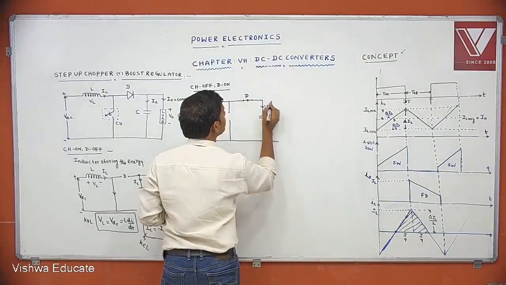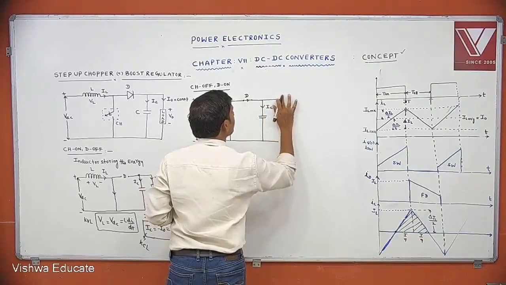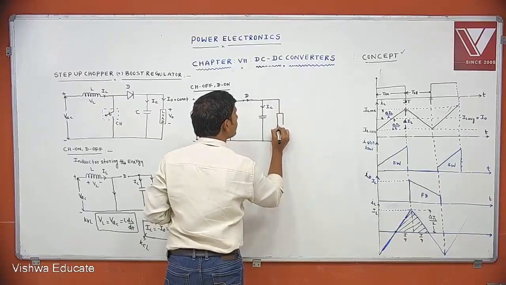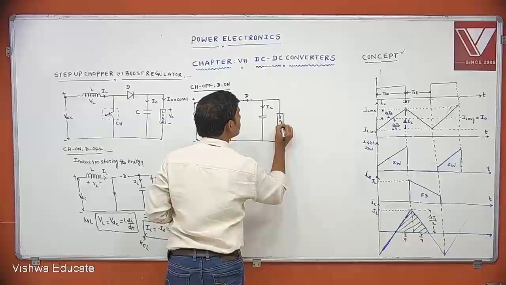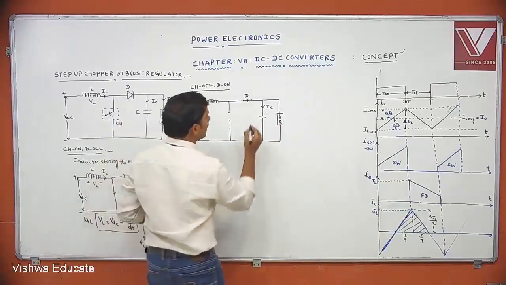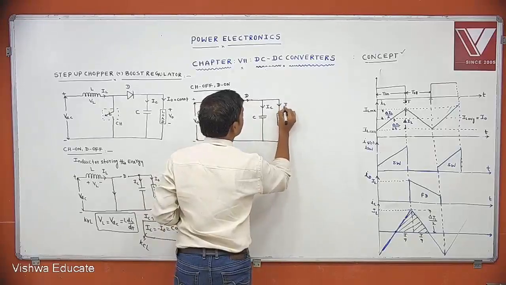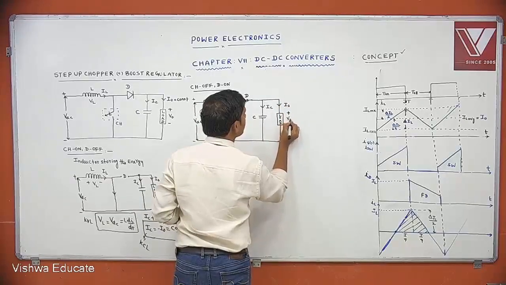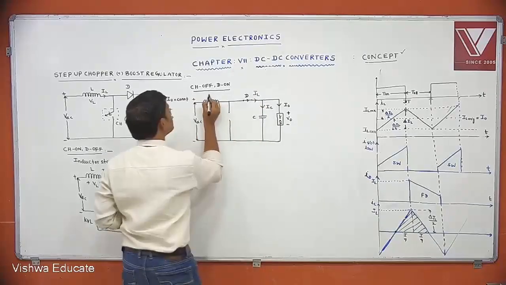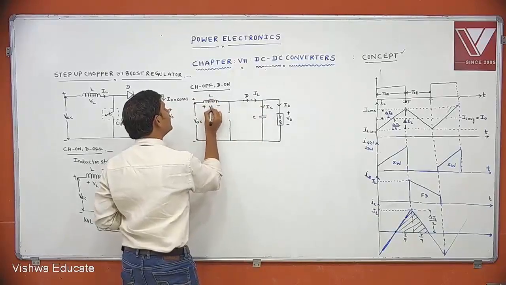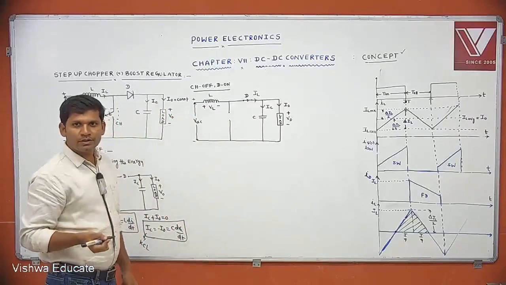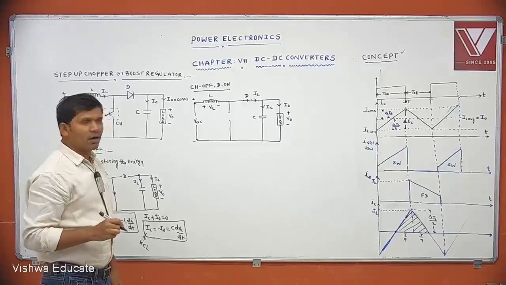This is IC. This load current is I naught. This is the load. Voltage across the load is V naught. Then the current is IL. This is the inductor. Voltage across the inductor is VL. This is the equivalent circuit when the chopper is off and the diode is on.